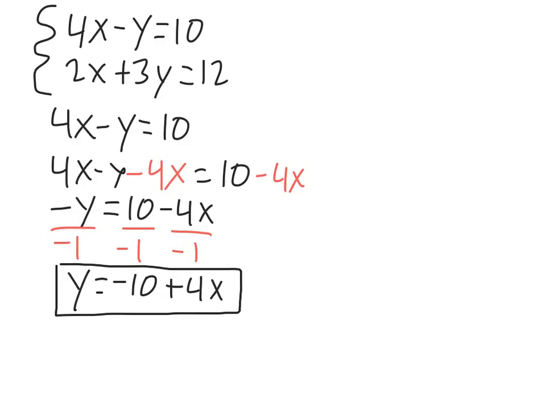So now we want to take this and plug it in for y in the equation that we didn't use. So we want to plug it back into here. So we rewrite the equation, but instead of y, we write -10 plus 4x.